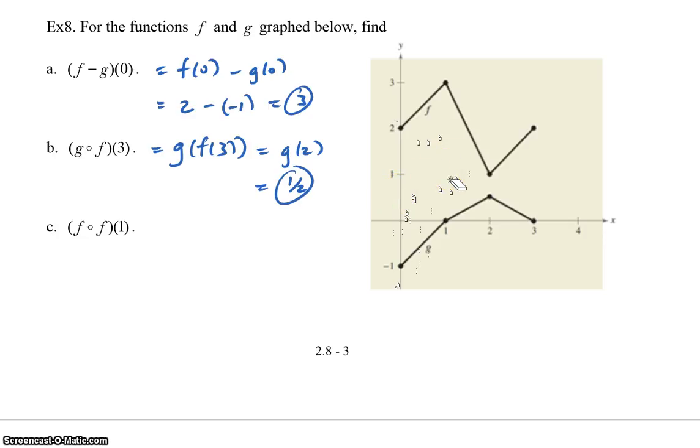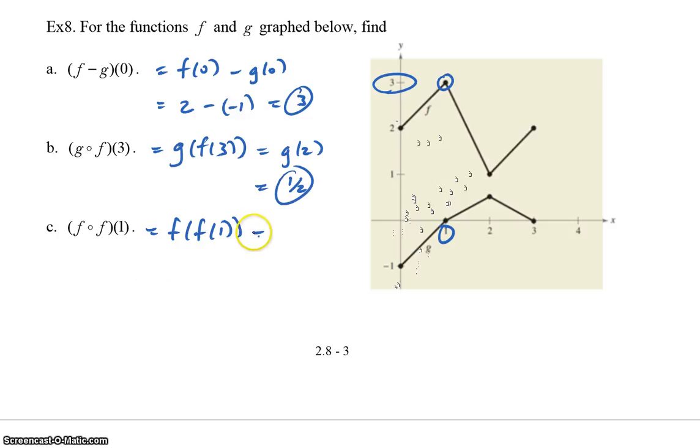Finally, the value of f composed with f of 1. Here we're going to work strictly with the graph of f. f composed with f would be f of f of 1. Well, what is f of 1? Find x equals 1. Find the point on the graph of f corresponding to x equals 1. What's the y-coordinate? Looks like it would be 3.